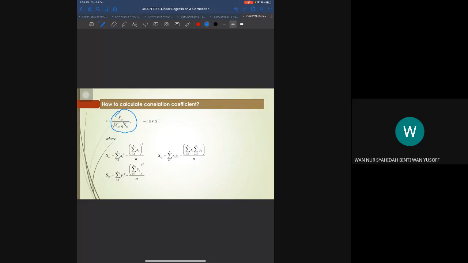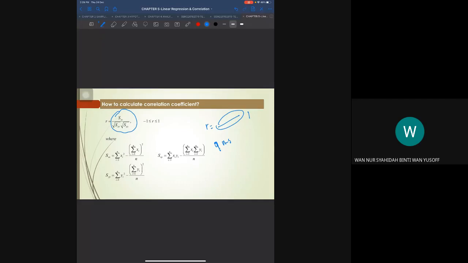If you just write R equal to 1, you will get only 1 mark, because I assume that you got it directly from the calculator. If you start from scratch to calculate the R, you will get maybe 8 to 9 marks. If you just write the answer, you get only 1 mark.